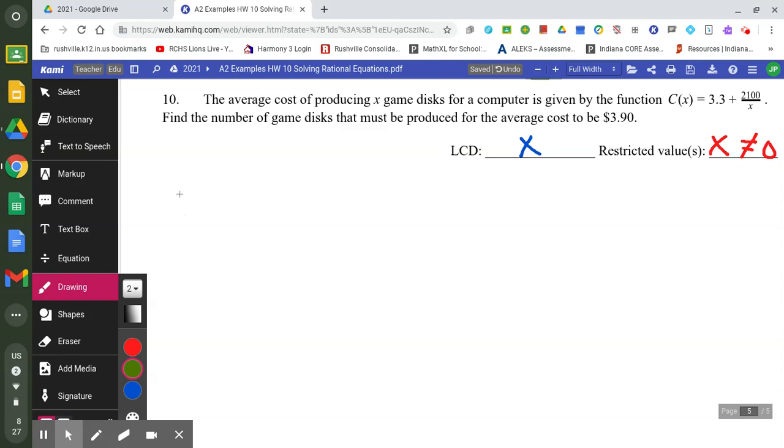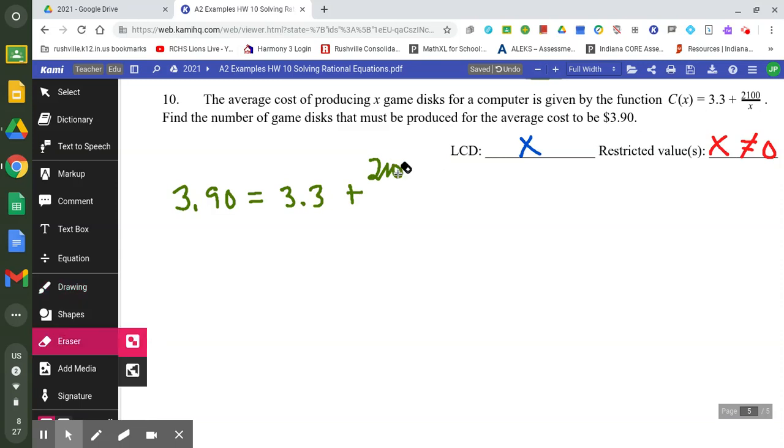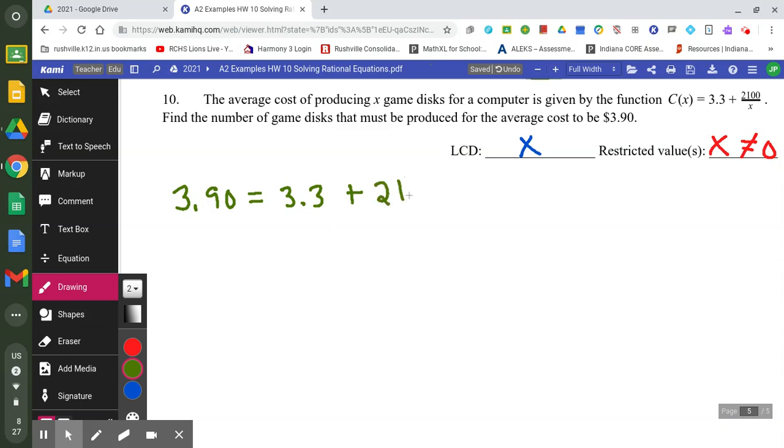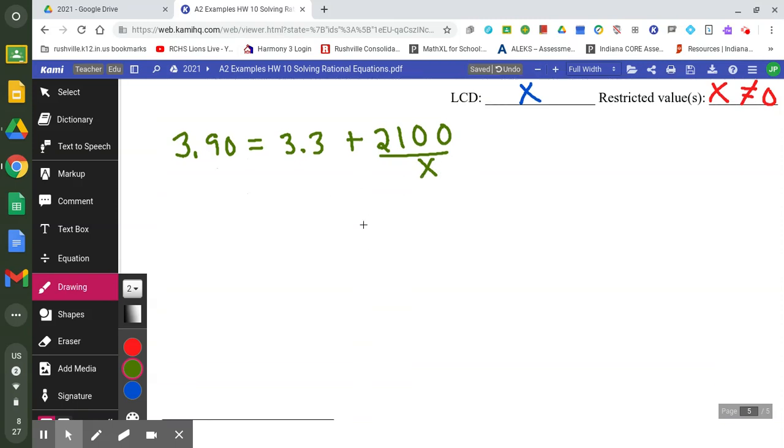So c of x is $3.90 equals the 3.3 plus 2100 over x. So that's where I got the greatest common factor, or the least common denominator. So now I'm going to set it up.